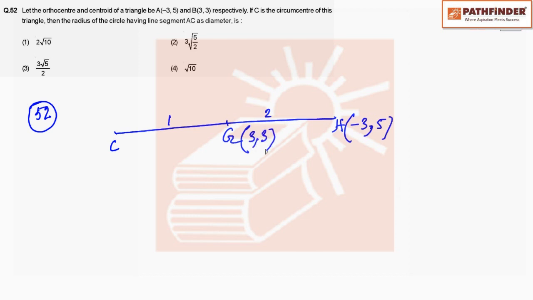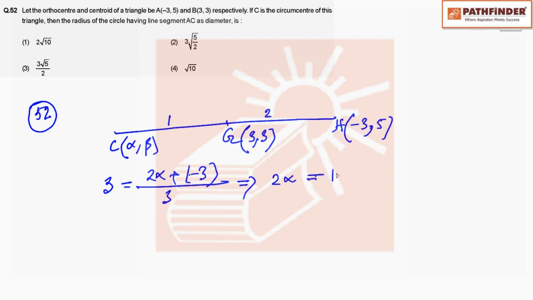Now you have to find the point C. Let point C be alpha comma beta. So 3 equals 2 alpha plus minus 3 by 3, which implies 2 alpha equals 12, so alpha equals 6.